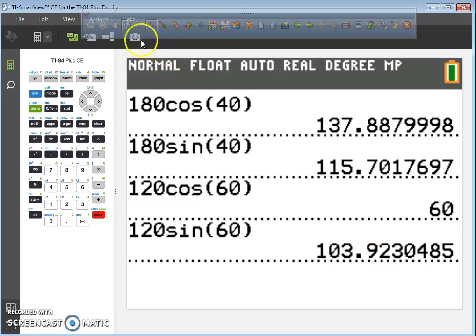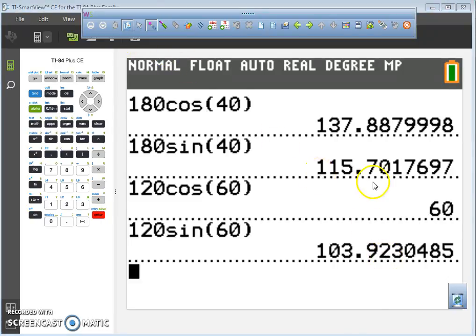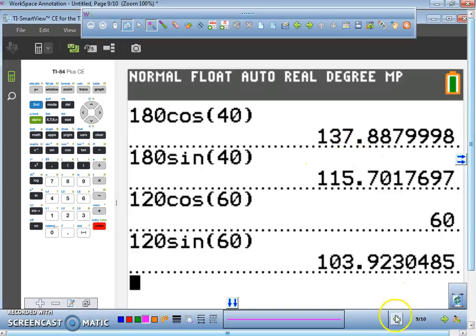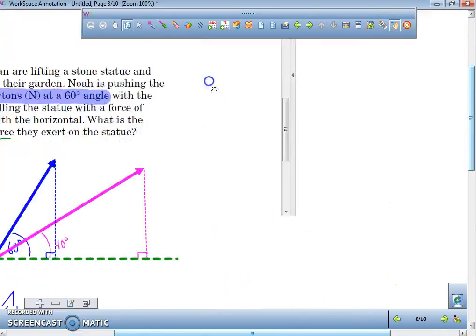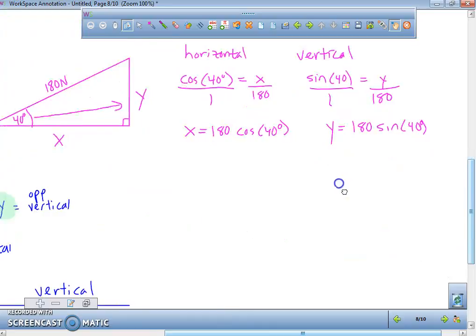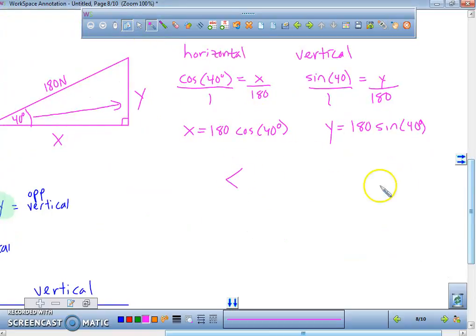Okay? Now, we're going to look at this right here. These two numbers right here represent the horizontal and the vertical component for this guy right here.